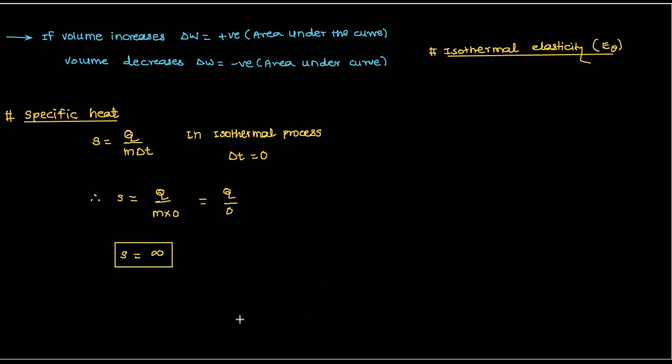So here in this process we know PV is equal to constant, right? Boyle's law is obeyed, no? So PV is equal to constant. As PV is equal to constant, can I write like this?